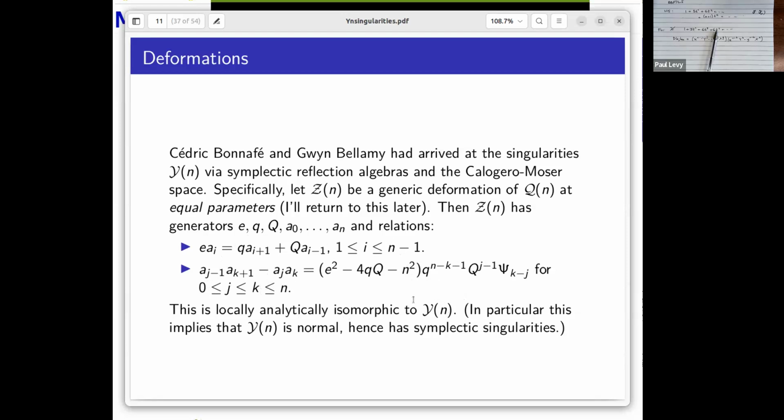So it's not isomorphic as an algebraic variety, but it is when you take completions. So in the world of classification of singularities, it's the same. Yeah, so that shows that Y of n has symplectic singularities. So if you look at the paper, the key step is to show that this is normal.